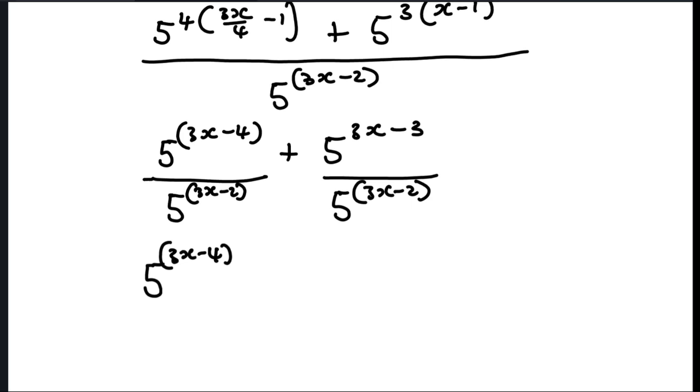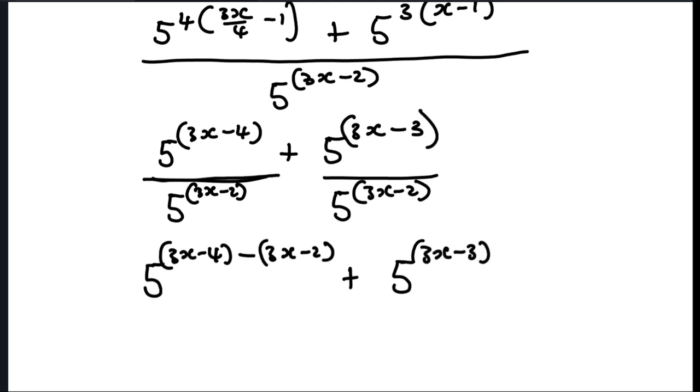Because this is division, then minus the power here, which is 3x minus 2. Of course, we have plus here. Then 5 raised to the power of 3x minus 3, and then minus the power in the denominator, which is 3x minus 2.